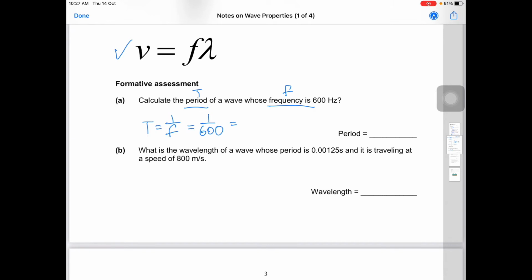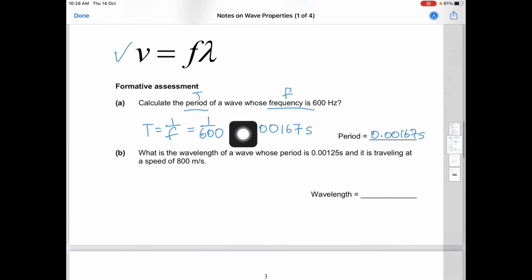And I get the answer of 0.00167. This is to 3 significant figures. And the SI unit for period is seconds. So that's your final answer, 0.00167 seconds. Remember, never leave your answer as a fraction. Always leave it in terms of a decimal. And if it's not told to you, leave your final answer to 3SF.